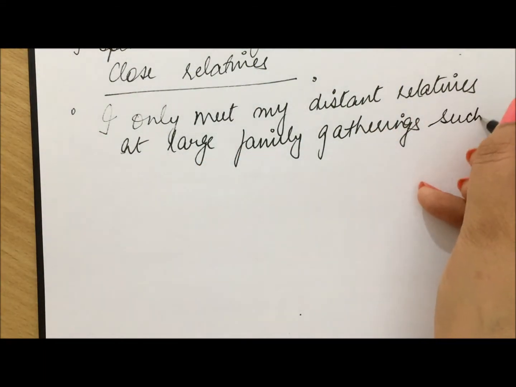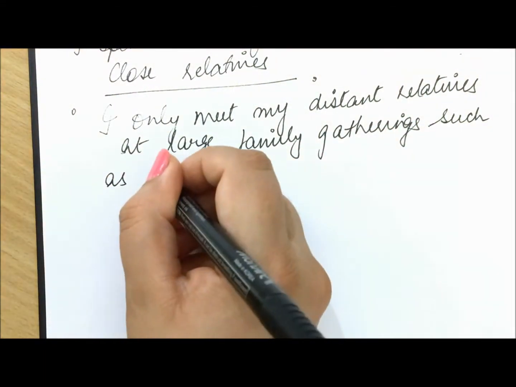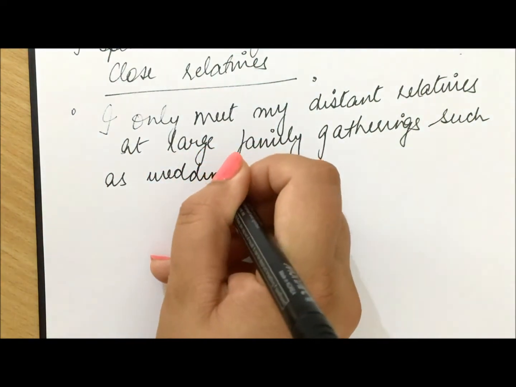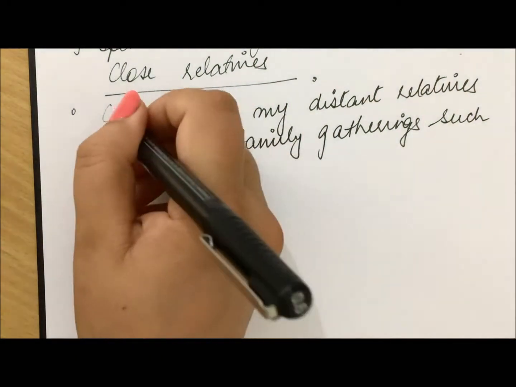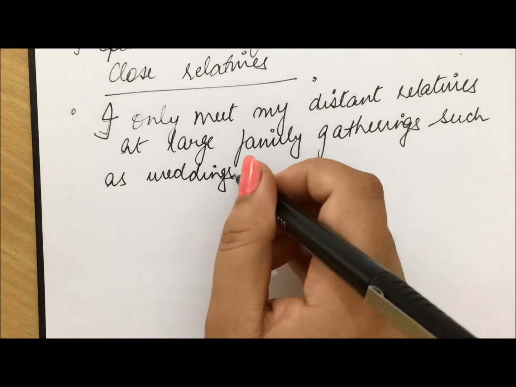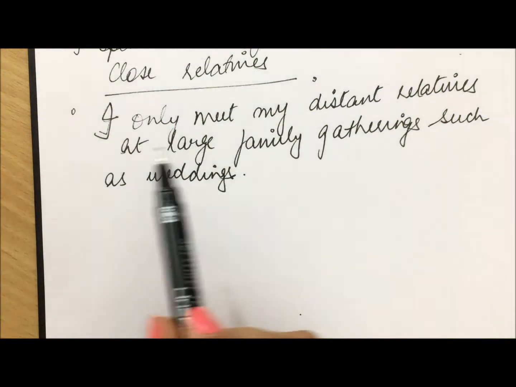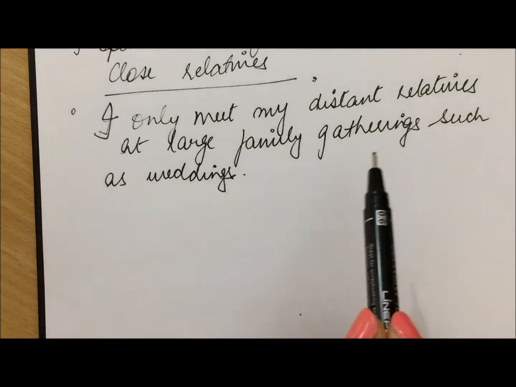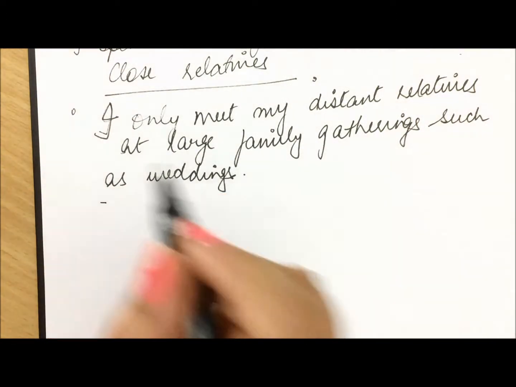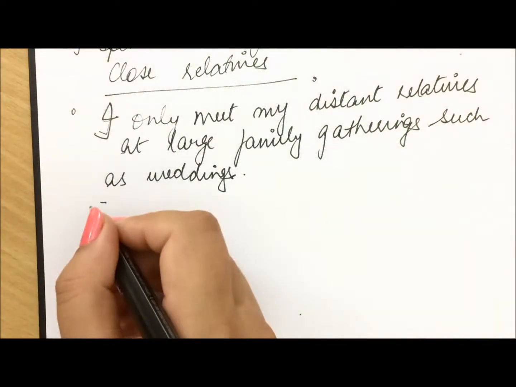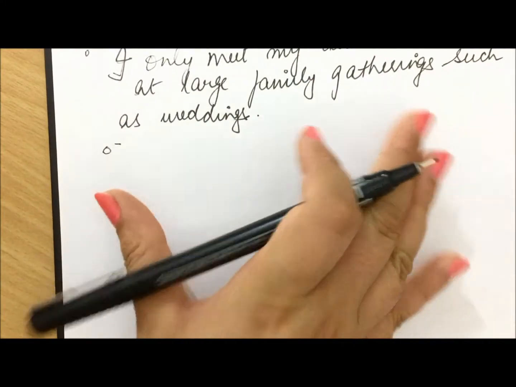Such as weddings. So distant relatives are usually met on weddings, funerals, or some large family functions. So I only meet my distant relatives at large family gatherings such as weddings. Okay? Let's look at elderly relatives now.